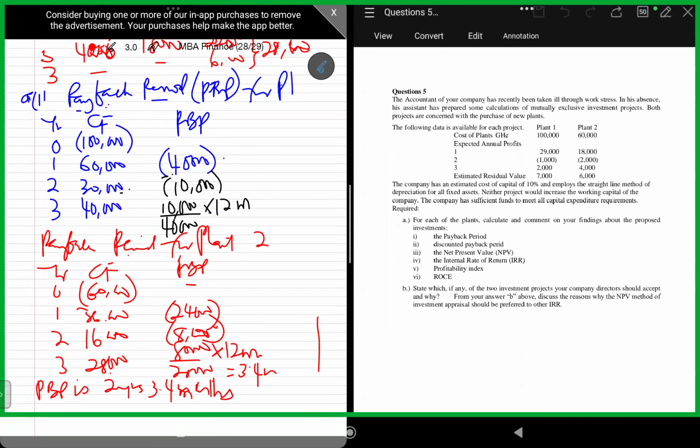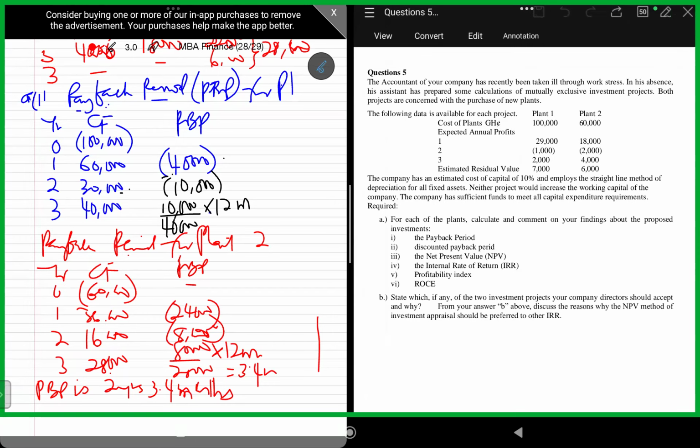It says for each of the plans, calculate and comment on your findings about the proposed investments. So we will say that payback is 2 years, 3.4 months, and payback is 2 years, 3 months. That will be the comment on them. Right, so that's it. We are done with the first one.